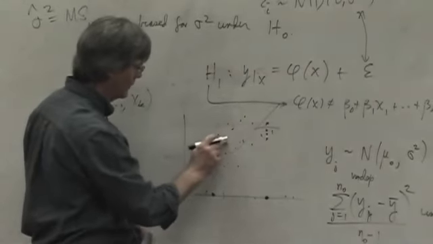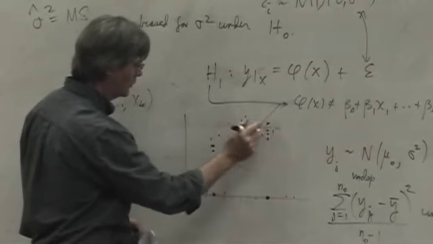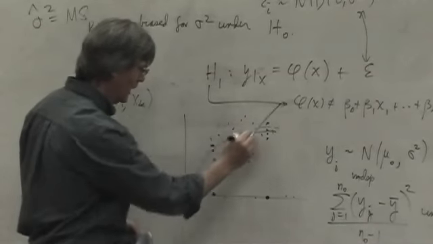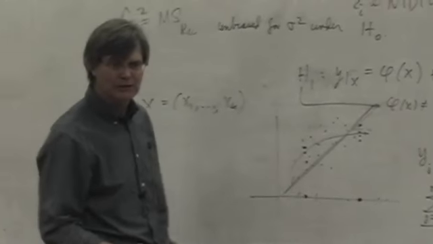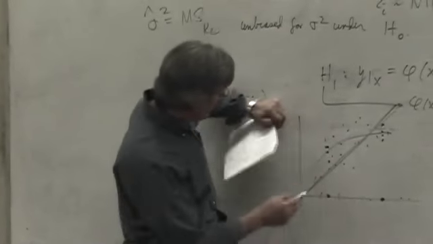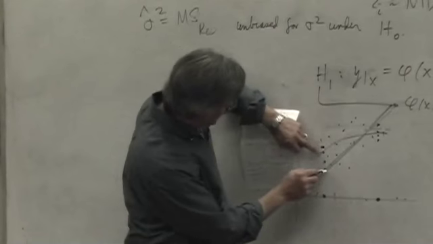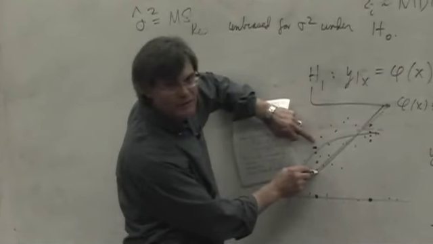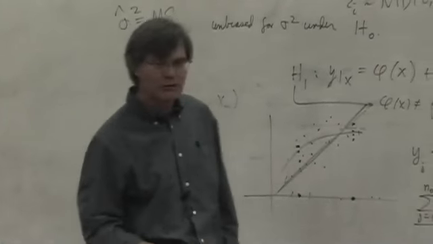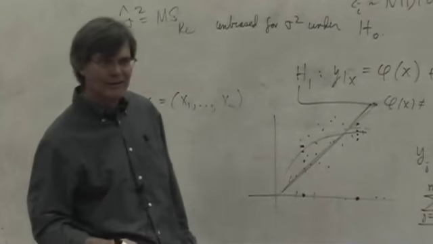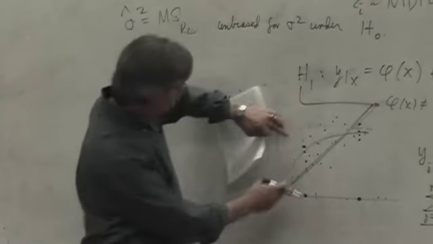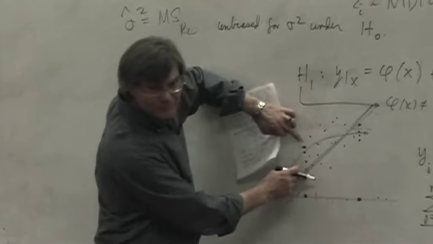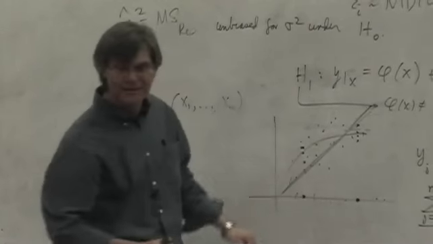There's a curve fit here, but there's also a straight line from my regression analysis. I take the sum of squared errors from the straight line, and that's going to be SSRes. You can see how that's going to be wrong to estimate sigma squared, because this line is in the wrong place.